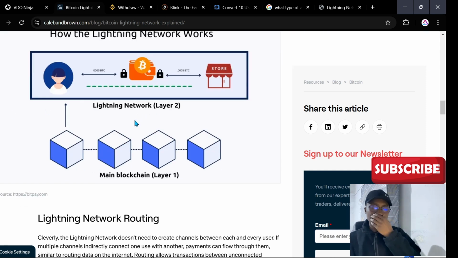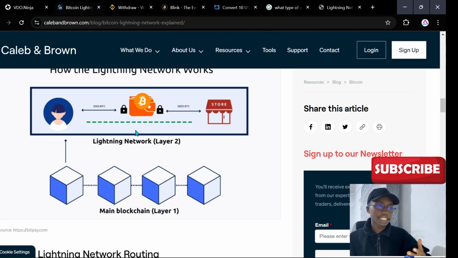It's just like how you use your normal day-to-day modes of payment, like let's say mobile money. It's you and the store. That is the same way the Lightning Network happens.